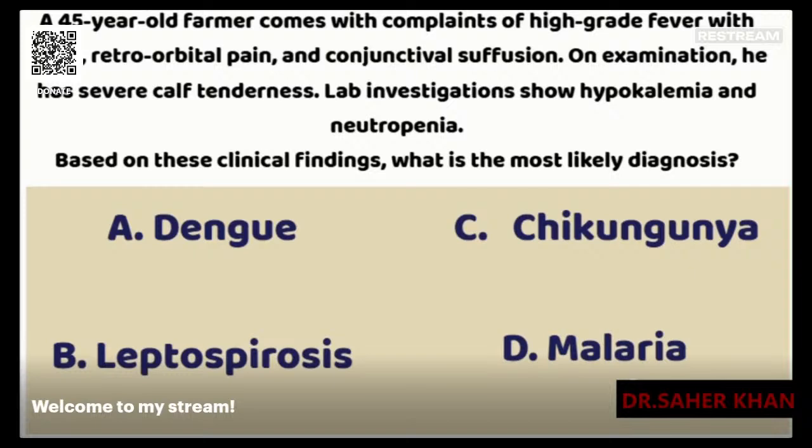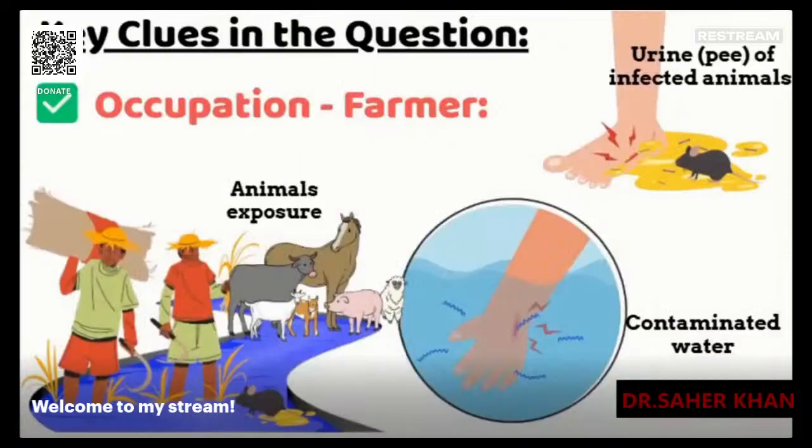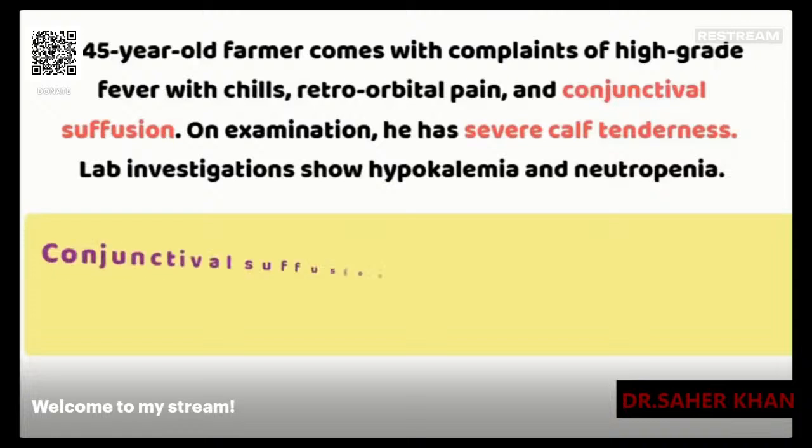So let's quickly focus on the key clues. Number one, occupation. The patient is a farmer. So whenever an occupation is mentioned, we should think about diseases related to that occupation. So farmers are often exposed to animals, contaminated food, water, and these increase their risk for certain infections.